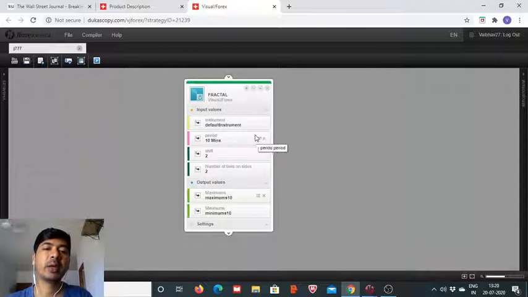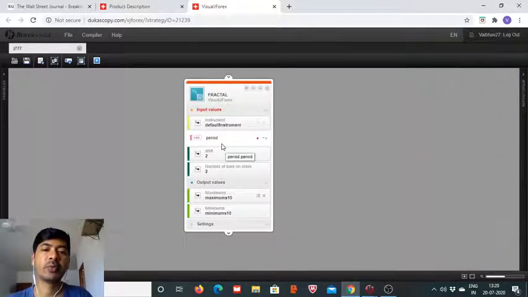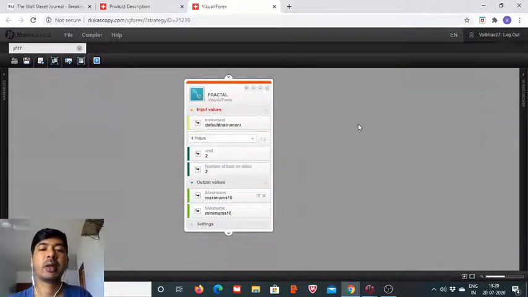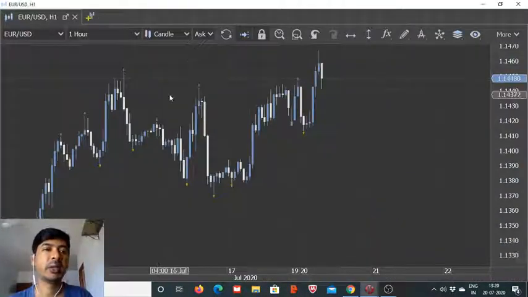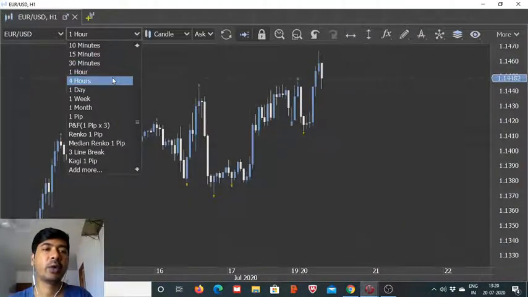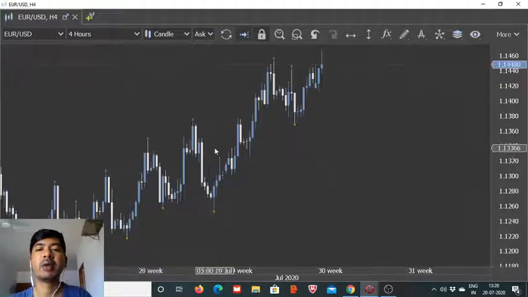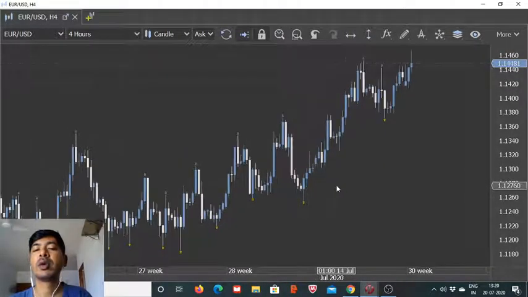Candle period can be anything. Now it is 10 minutes. Let us change it to say 4 hours. We can do that. We can use 10 seconds, 1 minute, 5 minutes, 10 minutes, any of these, whichever is permissible. Now let us change these also to 4 hours, as we are using the fractal indicator on the 4 hourly time frame.